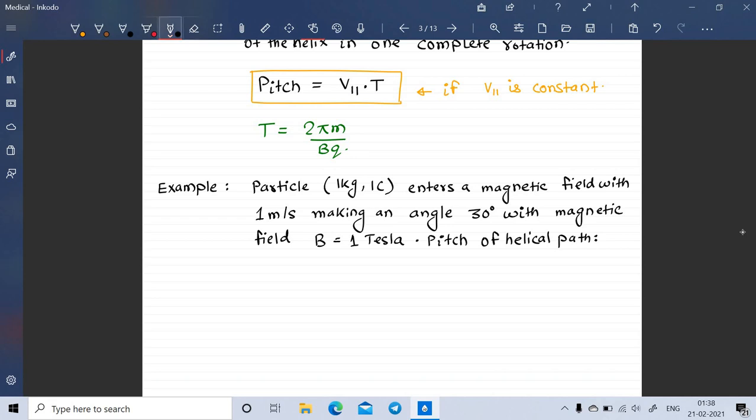Now let's take this question. Here the field is 1 Tesla, v is 1 meter per second, angle between them is 30 degrees.